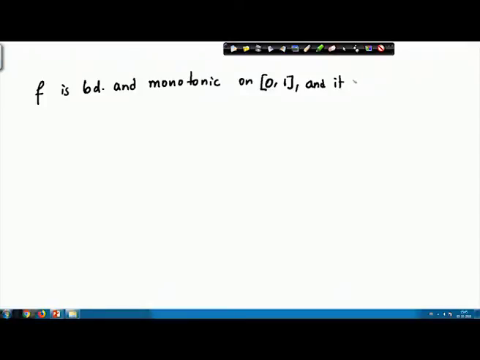And it has infinite points of discontinuity, which we just saw. So it has infinite points of discontinuity.